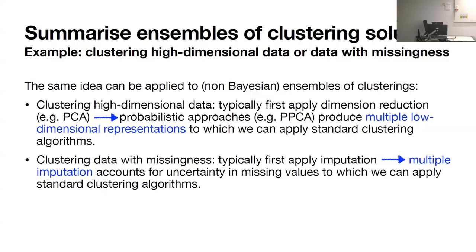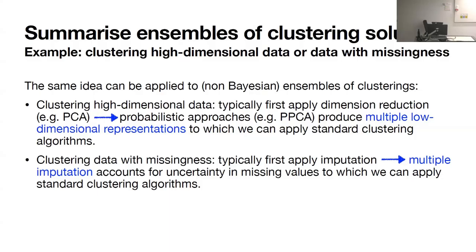But if we look at probabilistic approaches like PPCA or variational autoencoders, these give us a distribution over that latent space. So we could sample from that, have multiple clustering solutions, and use this to summarize that distribution as well.